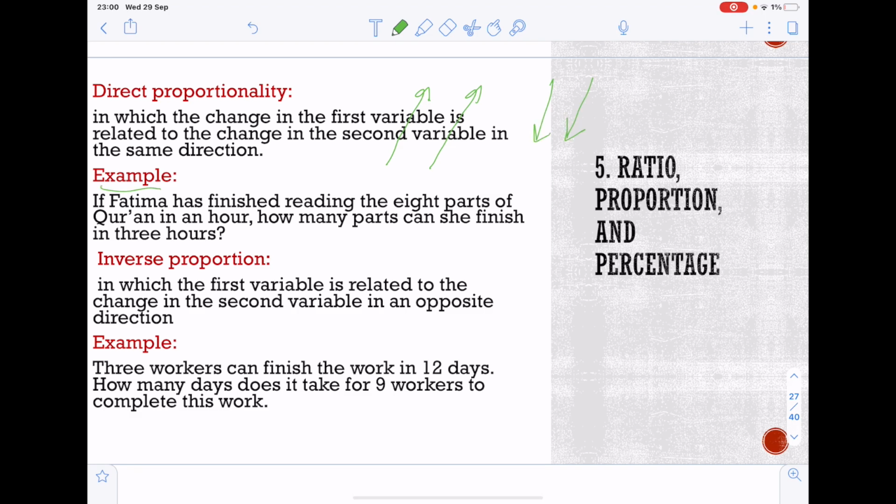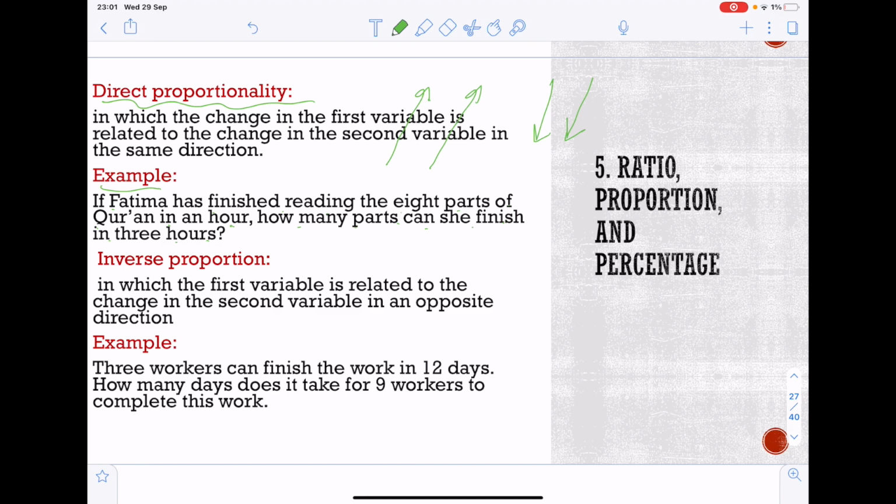An example: if Fatma has finished reading 8 parts of the Quran in 1 hour, how many parts can she finish in 3 hours? This is a direct proportionality. Why? Because when she increases the hours, she will read more.